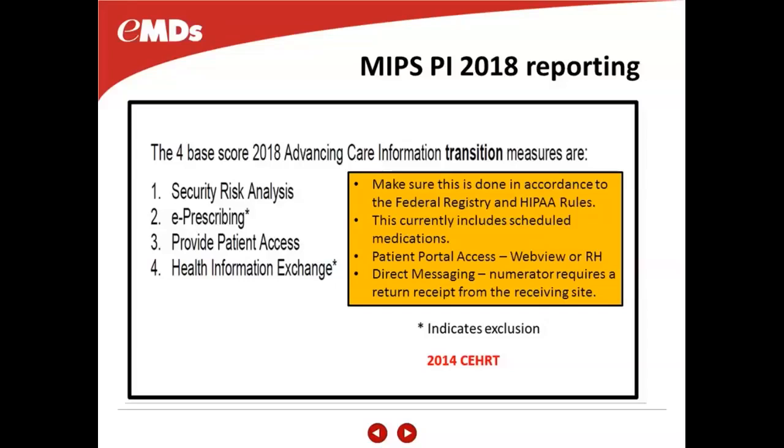If you look at your reports now, you've got measures on there. And then the health information exchange also requires the use of direct messaging. Keep in mind, the numerator requires that a return receipt comes back into our system from the receiving site. So when you send it out and you check the box, return receipt, when the receiving site receives that email, they must open that email up so that it sends a message back into Practice Partner indicating that they have received that message.